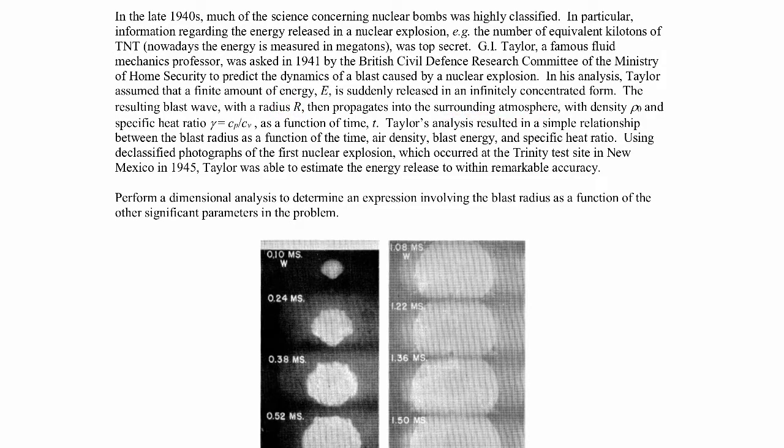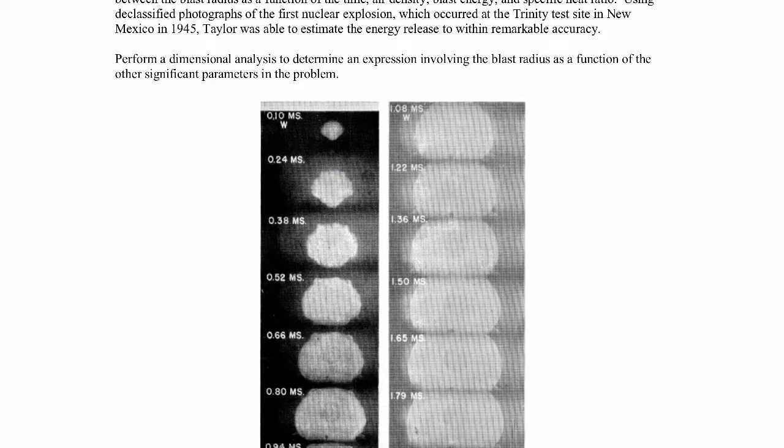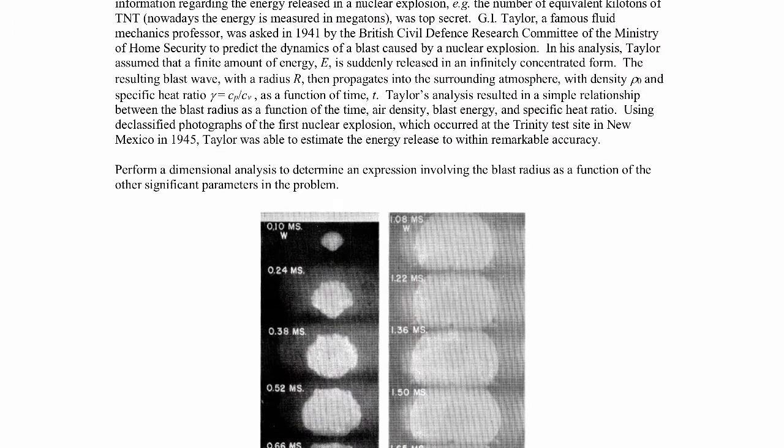You can see that down here in the set of pictures. This is a nuclear bomb, just still frames from a video showing the blast wave, the edge of it given right here as a function of time. So he said that the blast wave with a radius r propagates into the surrounding atmosphere, which has some density and specific heat ratio.